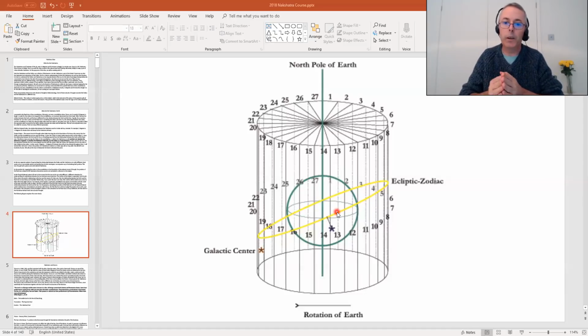For those of us who are using a tropical zodiac with sidereal nakshatras, it gives more of an inaccurate representation.